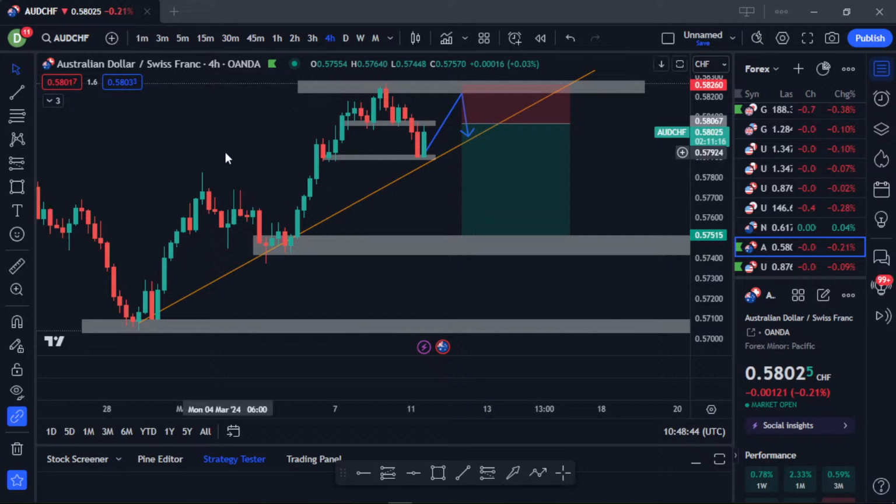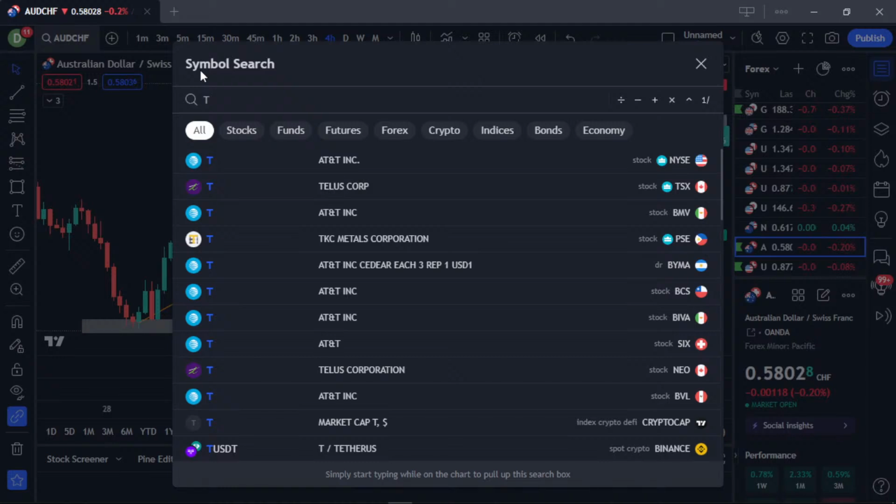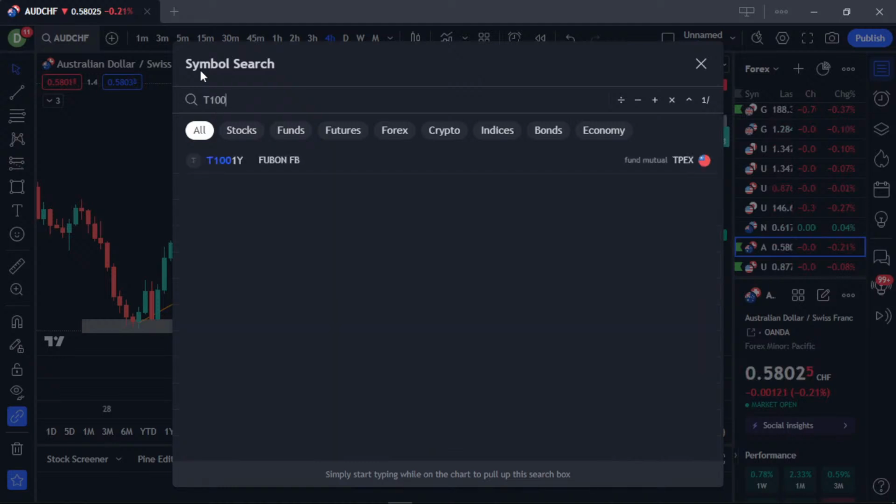Now let's go over to a different market, which is the T100 someone requested. Is it T100? Okay, T1000. Please, can you actually come back with that pen, because I can't find it here. You say T1000, which is not available here on TradingView, please.